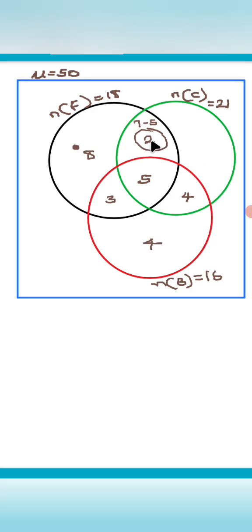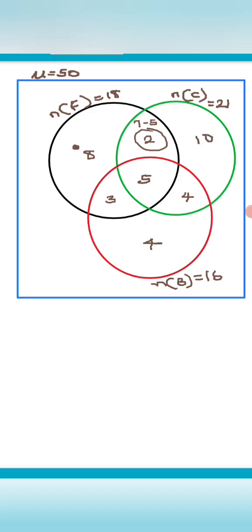And here as well, I have 2 plus 5, 7, 7 plus 4, that is 11, sorry. So when we subtract 11 from 21, that will give us 10.